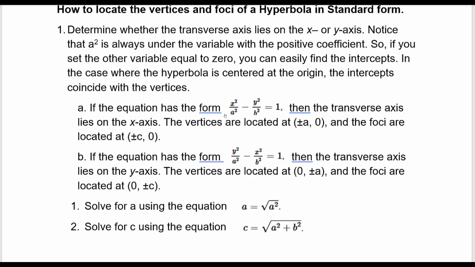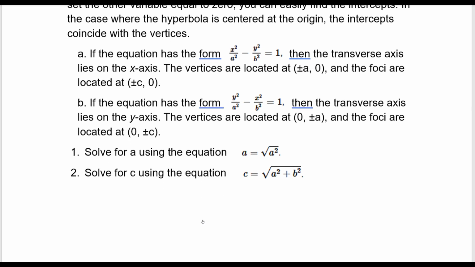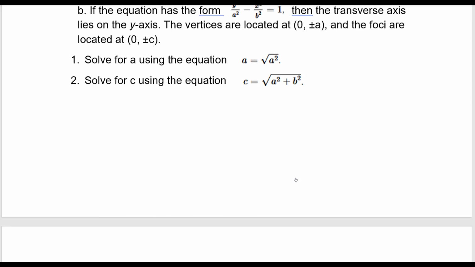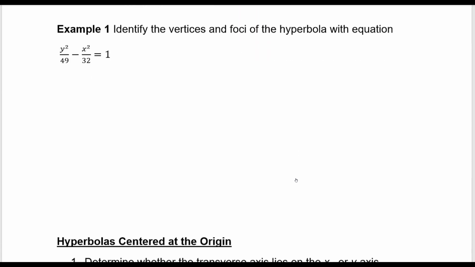If the equation has the x part first, then it's going to lie on the x-axis, and we went through that already. If it opens vertically, it's going to be the y part first, on the y-axis. And solve for a using a equals the square root of a squared, and c equals the square root of a squared plus b squared. So let's do a problem finally.